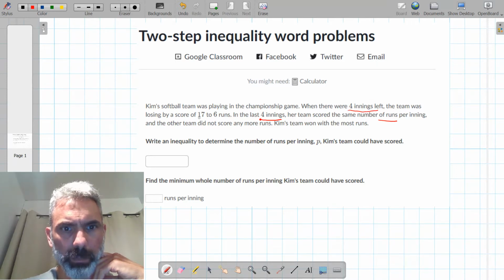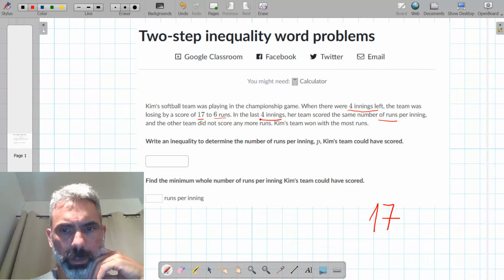The other team is leading 17 to 6, which means the other team has 17. The score of the other team is 17.